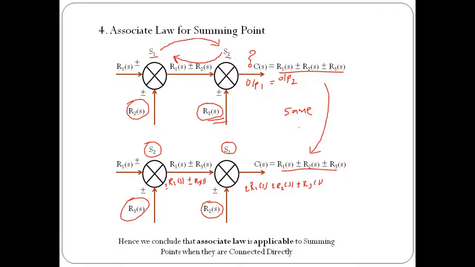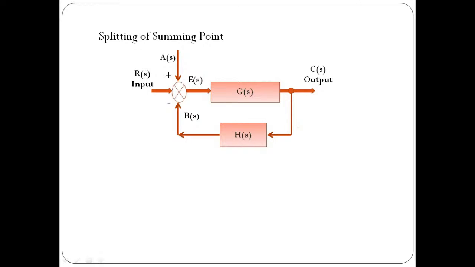So if you are done with this, let us try to understand this rule in a different way. Is there any possibility to split a summing point into two or three subparts? That means splitting of a summing point.